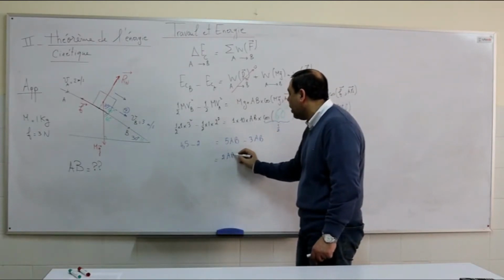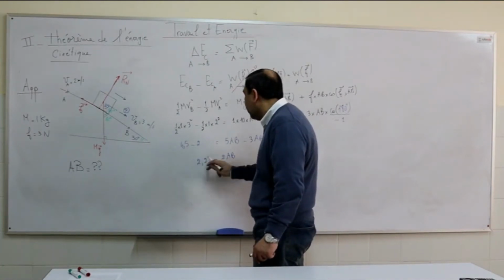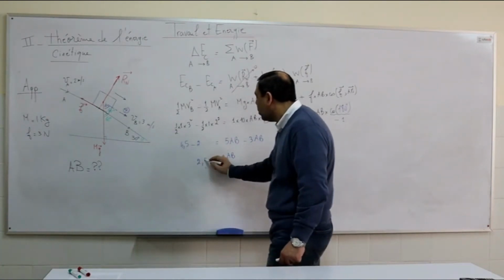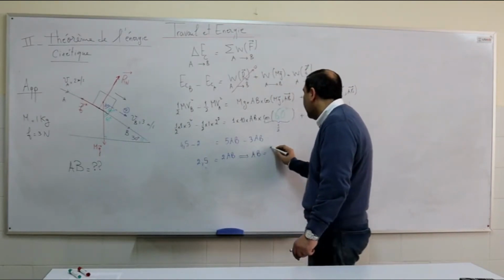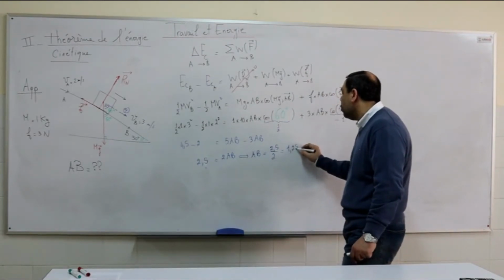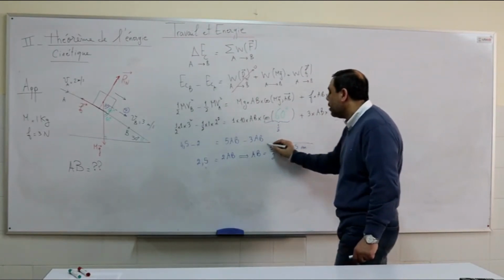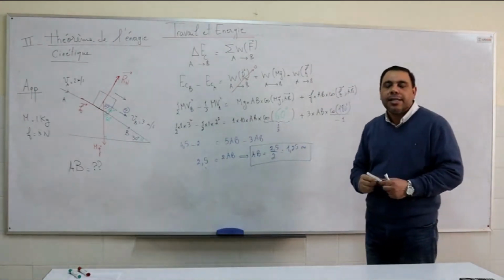And this is equal to 2AB. 2.5 equals 2AB. So AB is equal to 2.5 over 2. And the answer is 1.25 meters. The distance AB is 1.25 meters.